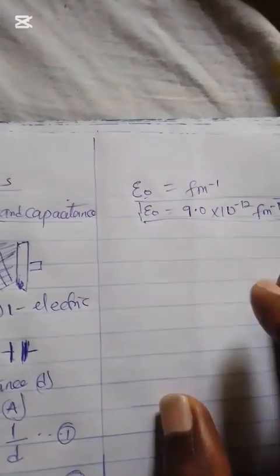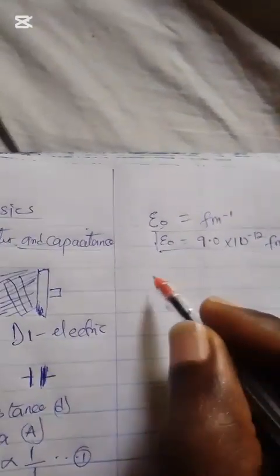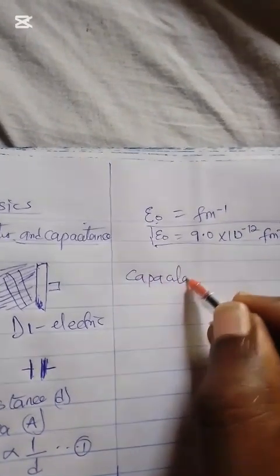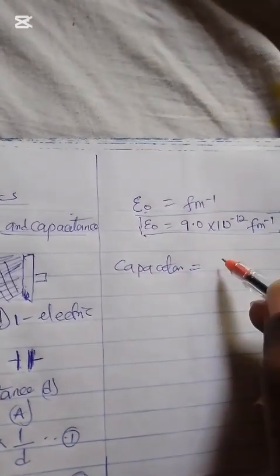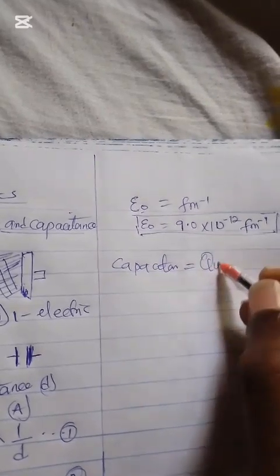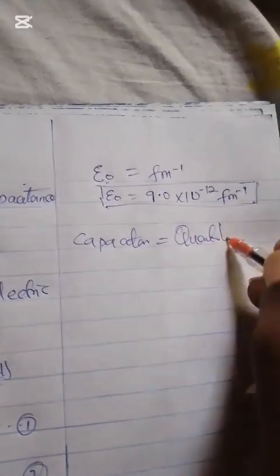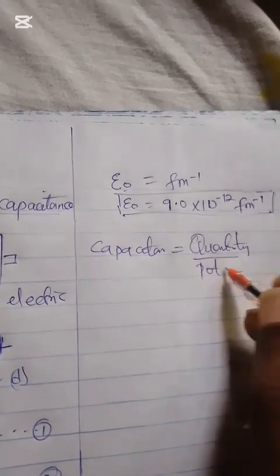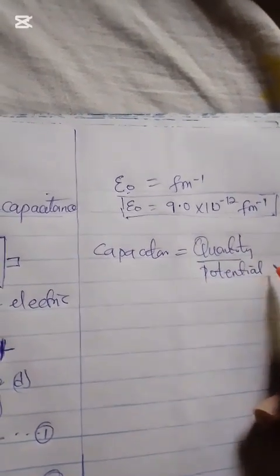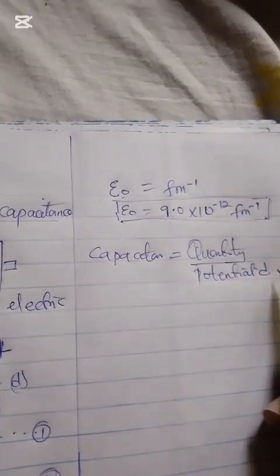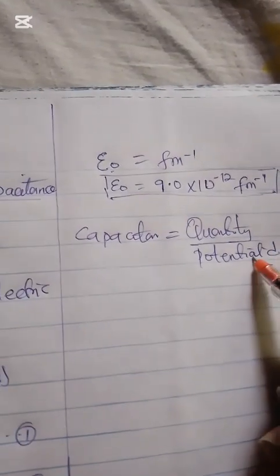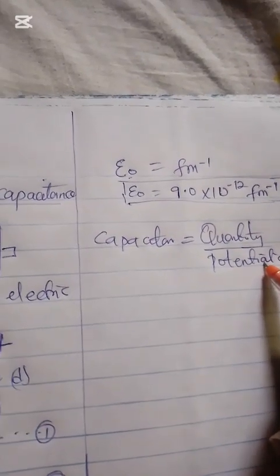So that is capacitance. And another thing we know is that capacitance is the ratio of quantity of charge over potential difference, or you can say voltage. So the ratio of quantity of charge to potential difference will give us capacitance.